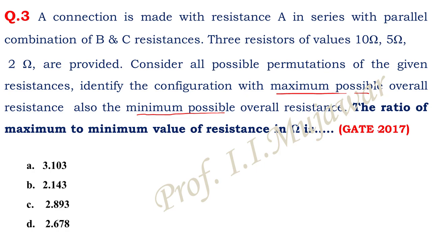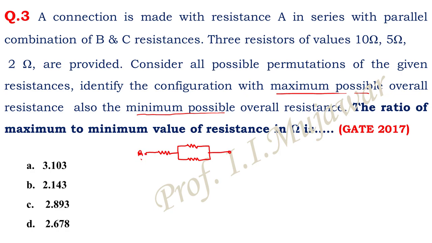So if we read the description, three resistances are given, A, B and C, and the connection is like this: resistance A is in series with a parallel combination of B and C. That means whatever the statement is, we have to convert into an equivalent circuit.